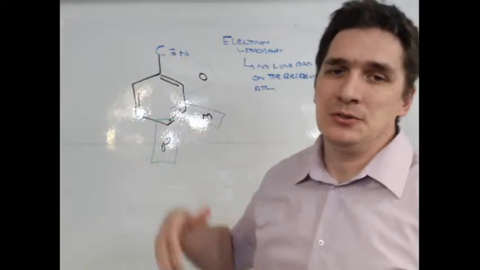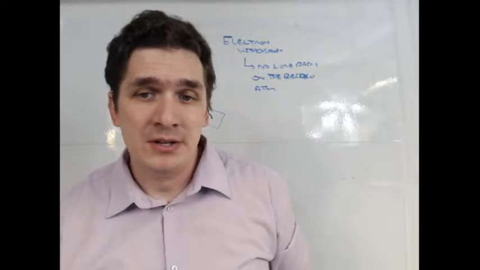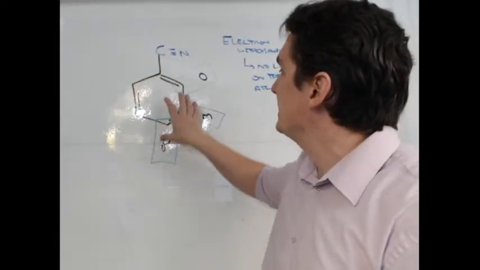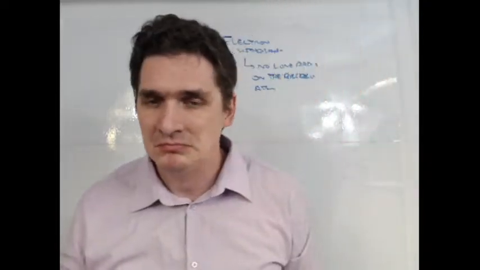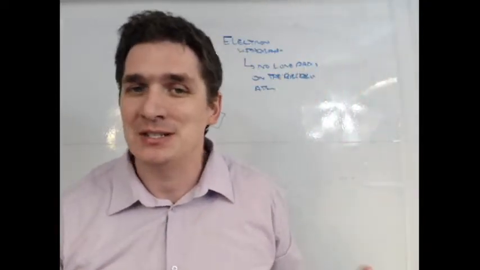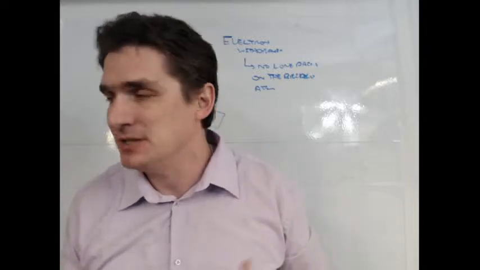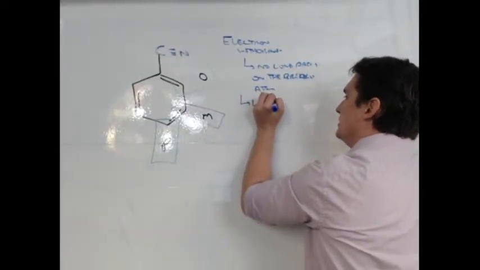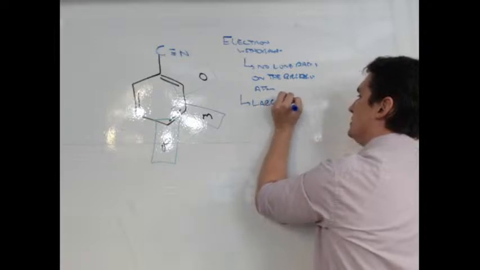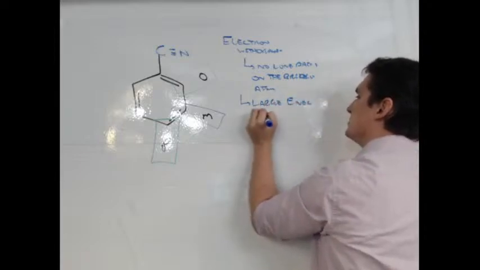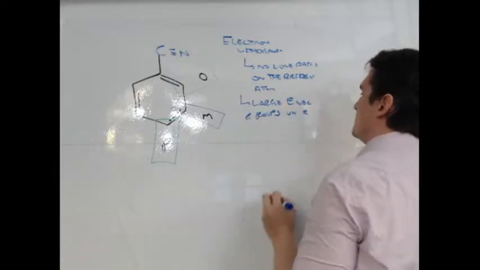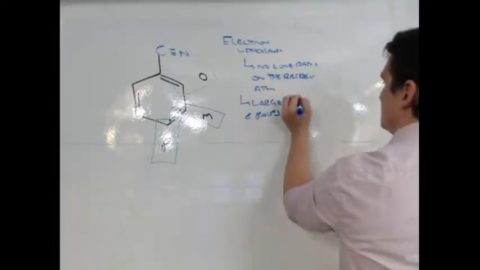Carbon here is the bridging atom. If there are no lone pairs on it, it can't participate in resonance, and it can't stabilize these positions. The second is that we have large electronegative groups on R. I guess I could actually write that out: electronegative.